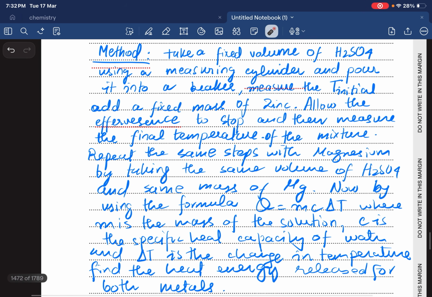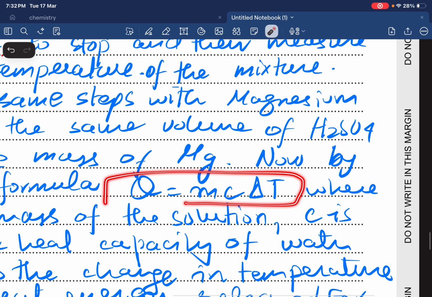Because I was using the formula mcΔT. m is the mass of the solution, and I'm taking a fixed volume and mass of sulfuric acid and a fixed mass of the metal, so the mass of the solution is fixed. c is the specific heat capacity of water, which is 4.18, also fixed. So the amount of Q, the energy released, depends on the temperature change. So the metal which has the largest temperature change is going to have a greater energy released per gram.